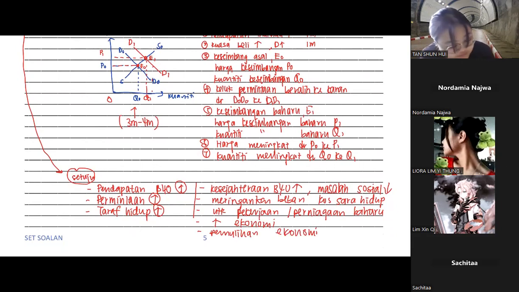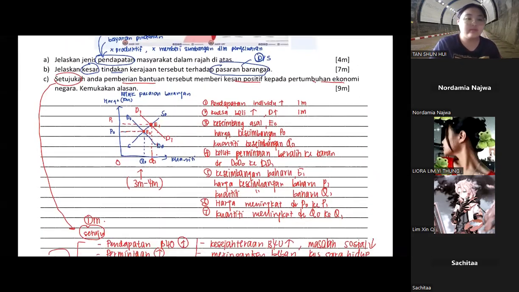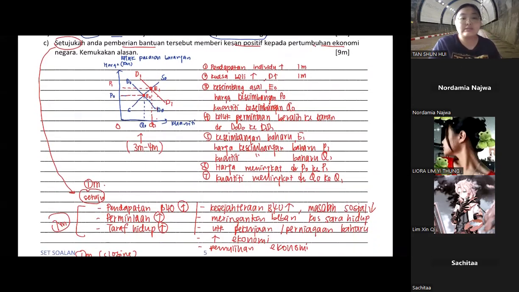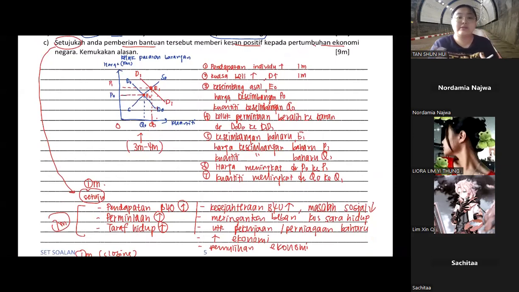Of course, you need what? This is a rubric question. So your first mark, you tell me you agree, right? And then 7 marks is content. You need 1 more mark for your closing. Normally closing, you will do like this, okay? What's the topic again? Wait. Pemberian bantuan tersebut memberi kesan positif kepada pertumbuhan negara.